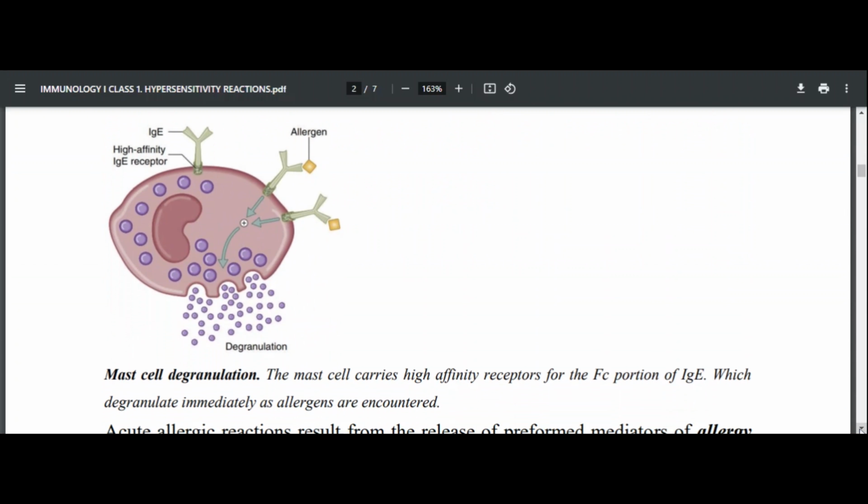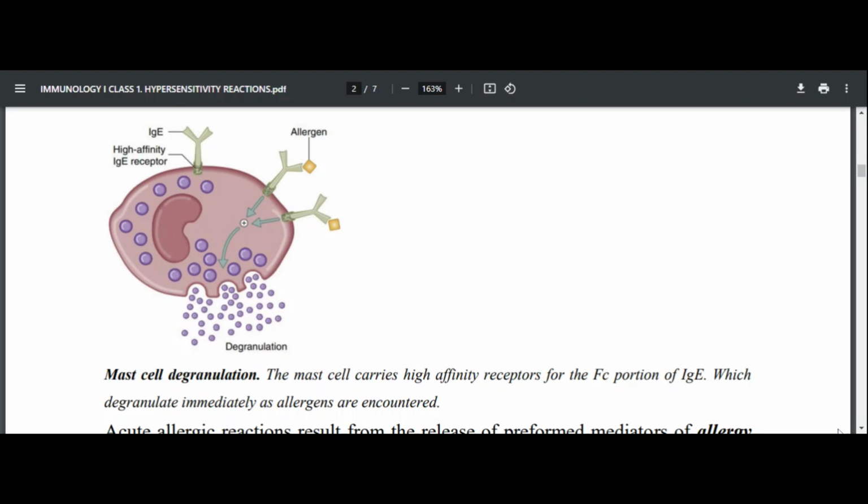So this is what is called degranulation of mast cells, where the IgE-bound mast cells meet an allergen, any allergen, which is going to cause changes in the mast cells and cause degranulation of molecules in the granules of the mast cells.